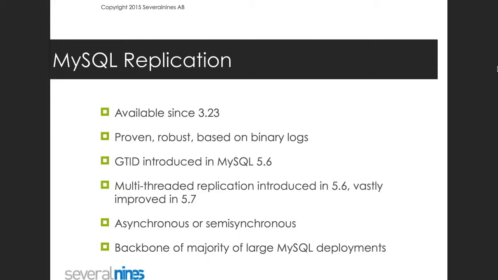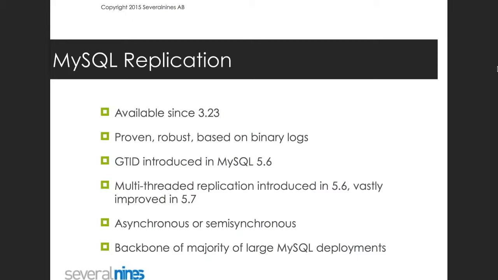In 5.6 another feature has also been added. I'm talking about multi-threaded replication. In 5.6 it was multi-threading based on schemas. So if you had multiple schemas and you were writing to all of them, you could benefit from some level of parallelization.